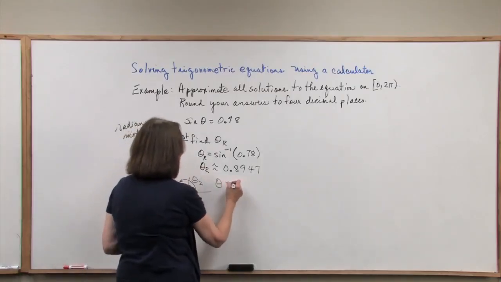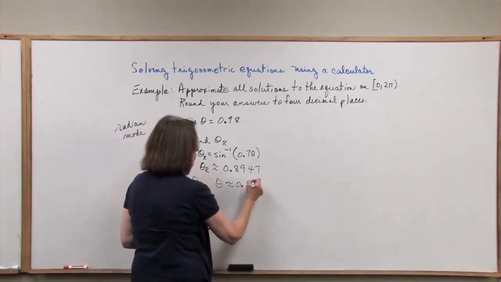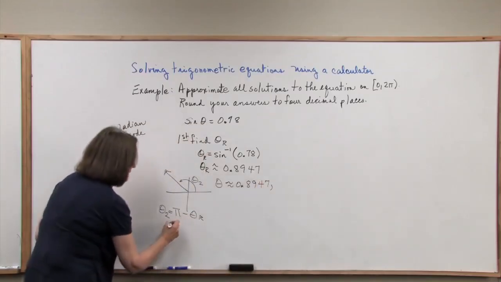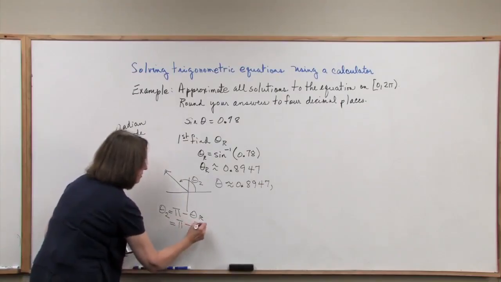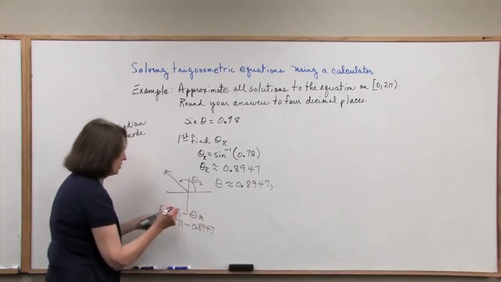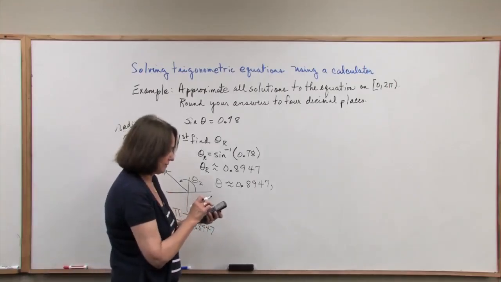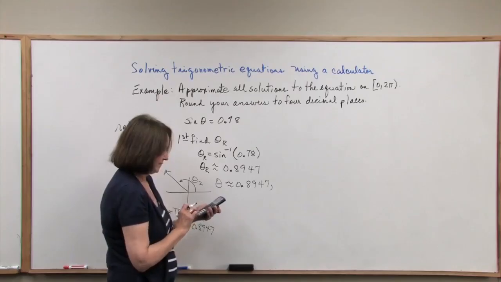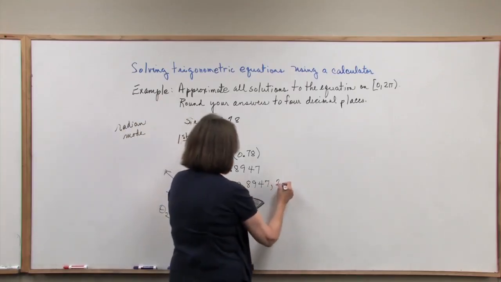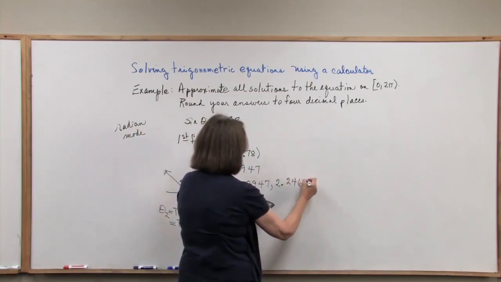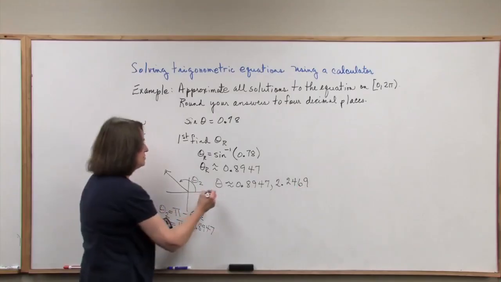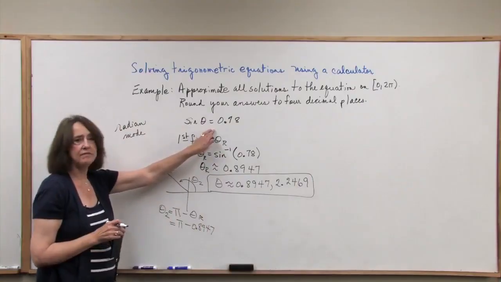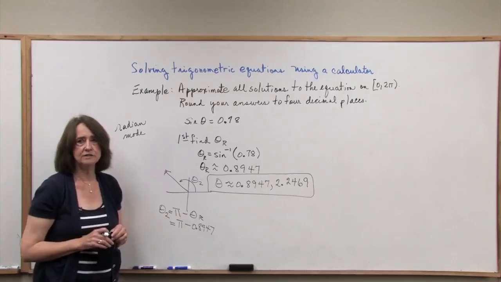So let's write our solutions. 0.8947, pi minus that number, which according to our calculator is 2.2469. And those are the two solutions for the trig equation sine of theta equals 78/100.